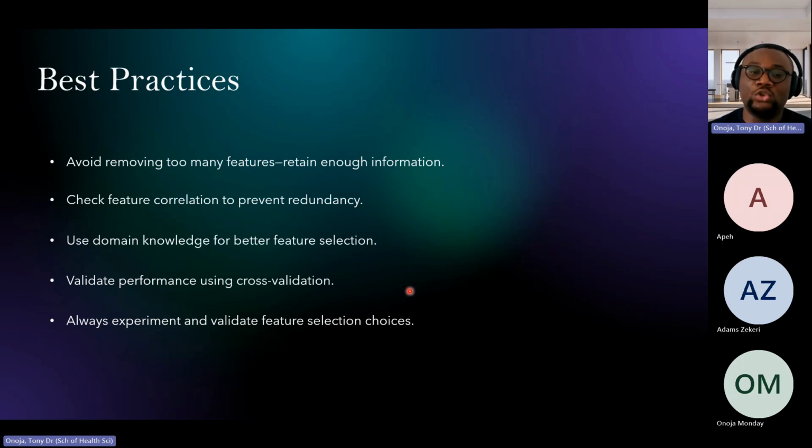Then again, use domain knowledge for better feature selection. This gets back to the question that Monday raised earlier on. Domain knowledge is very important. From literature, you will begin to see how certain features are very crucial when it comes to determining, for example, a certain medical condition. So it won't make sense for you to remove those features.